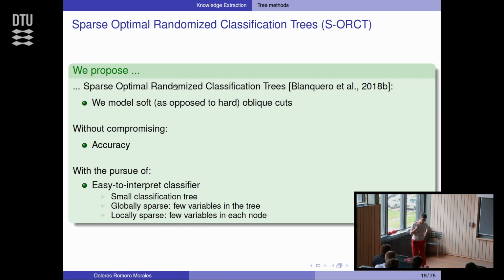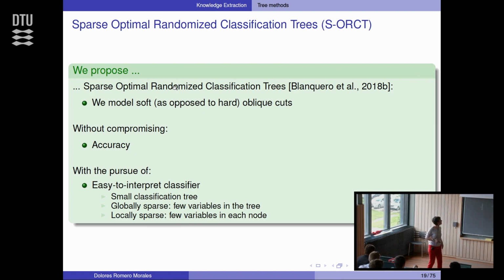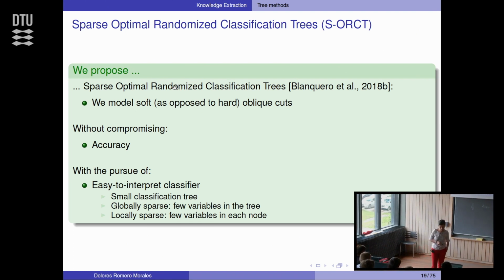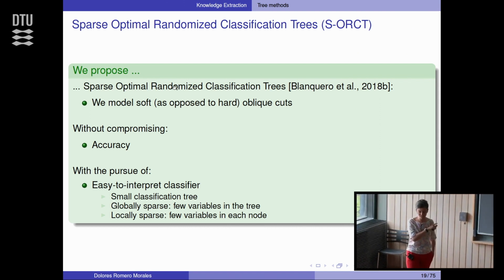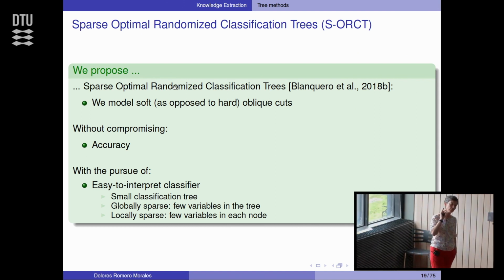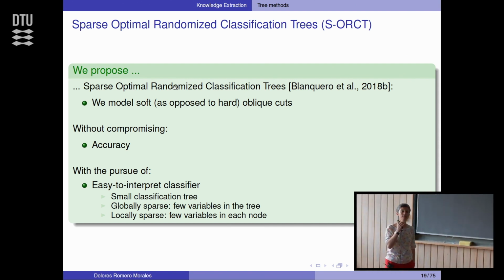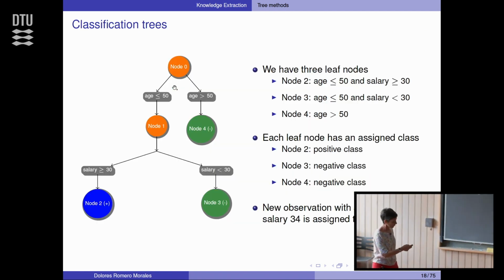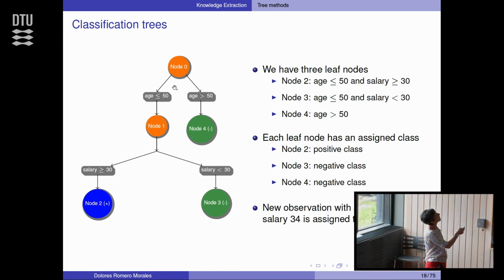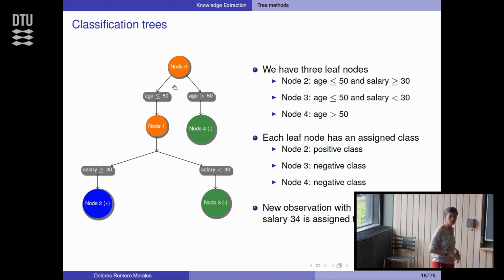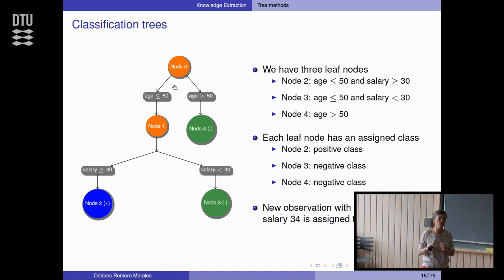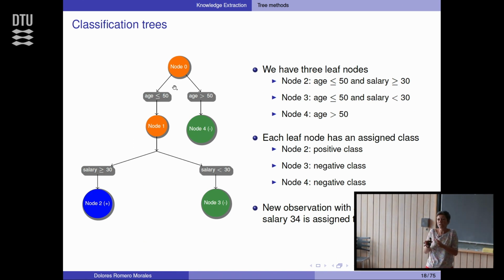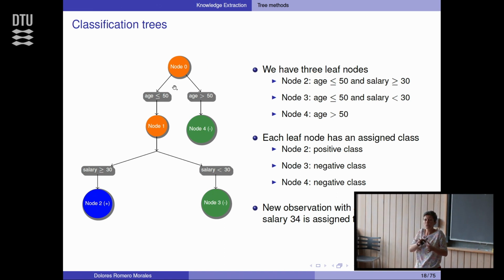Now, you would ask why our work is different from the one that is out there in the literature, and this is something that we have done in several papers. And we have learned that this is not a bad thing to do. When I told you before that the tree was taking age and the tree was taking 50, one always wonders, why 50 and not 50.5 or 51?